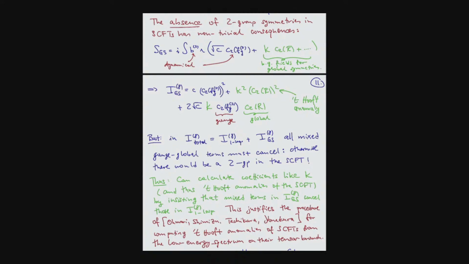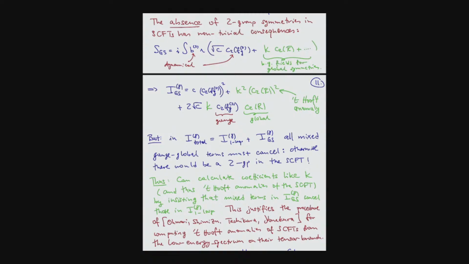Okay, so what does the Green-Schwarz mechanism do? The Green-Schwarz mechanism tells you that whenever B, which is chiral, remember, couples to something, that something squared contributes to the anomaly polynomial. So I have to take this quantity here that I'm circling, square it, and that's the contribution of this Green-Schwarz term to the anomaly polynomial.